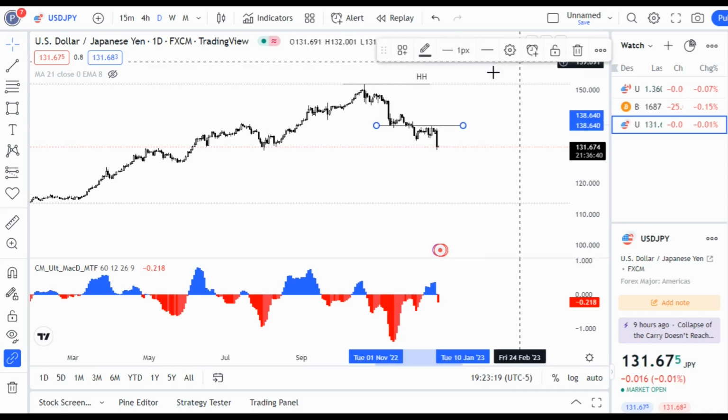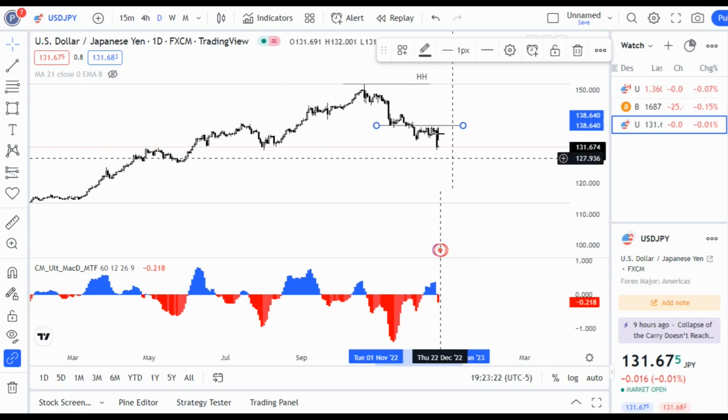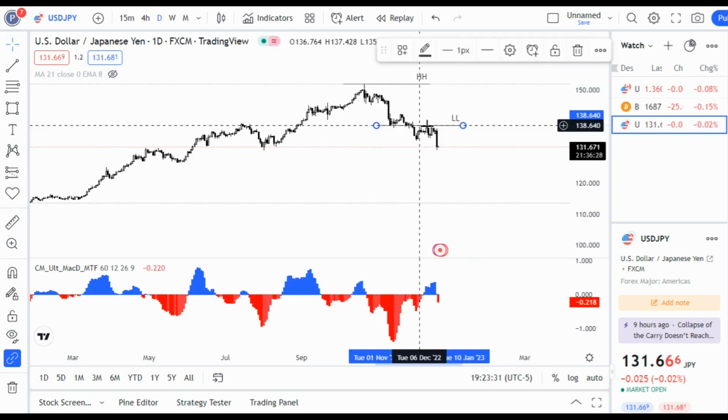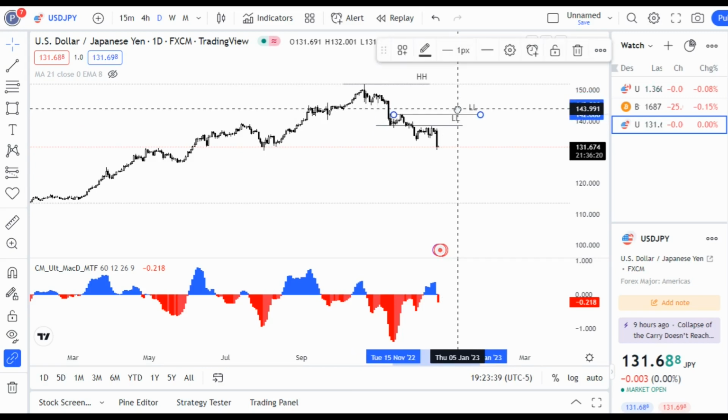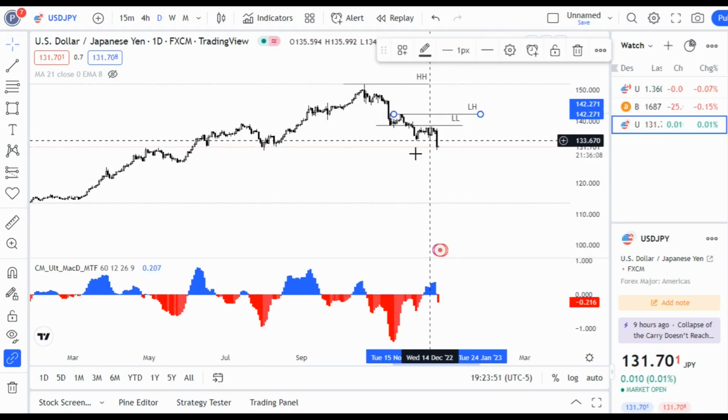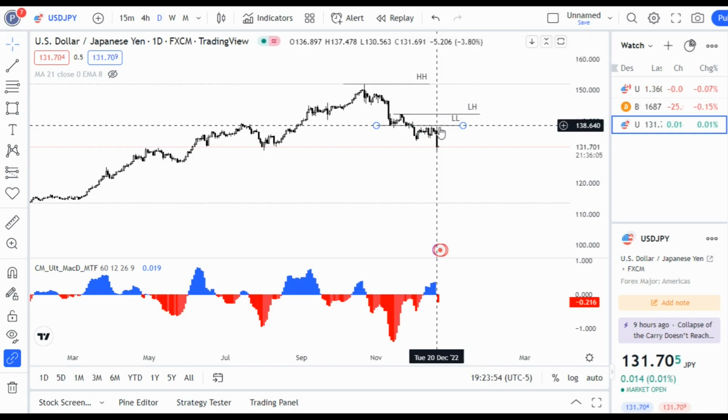Okay, so it's actually moving down. So let's take this as our lower low. And we take this as our lower high. We take this as our lower low.